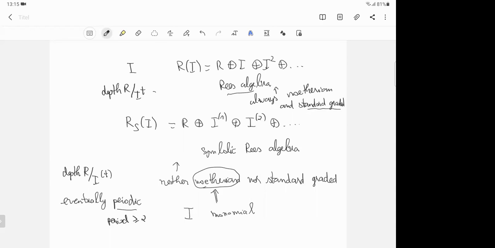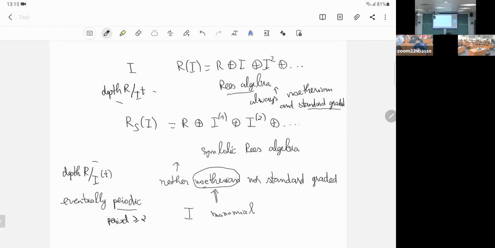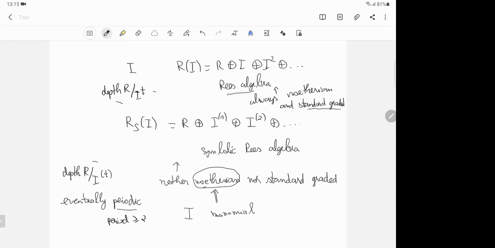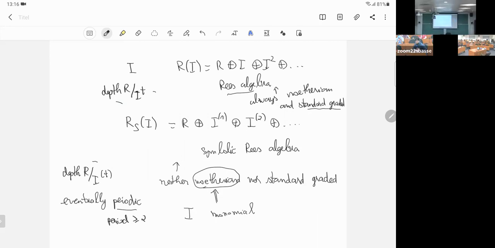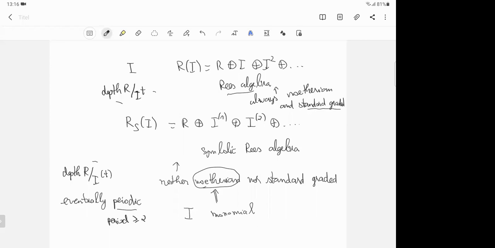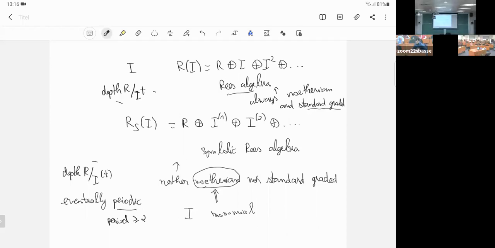And what is usually the relation between the depth of R/I^t and the symbolic power of I^t, which is greater or less in general? Is there any relation between these two? Inequality? Yeah, in general, no relation. Was it studied before for particular classes of ideals?